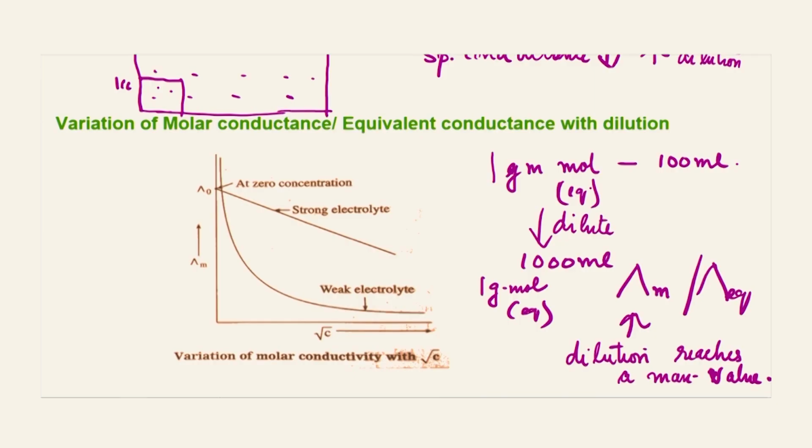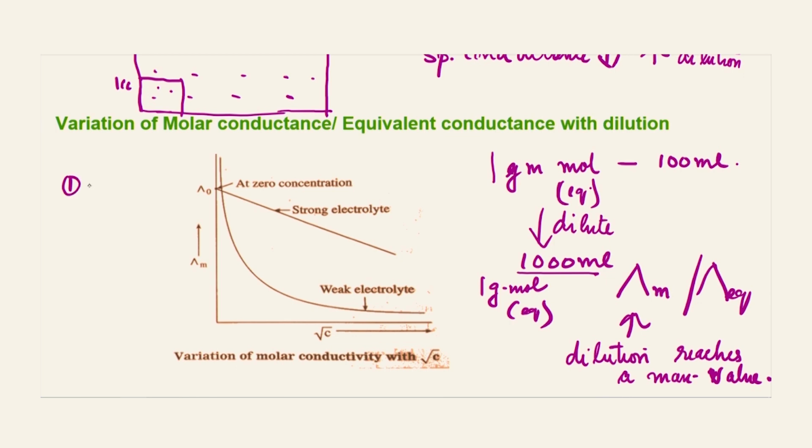We know that 1 gram mole of an electrolyte was first occupying a volume of 100 ml. So, you can see that all the ions are closer together. Now, when it is occupying a volume of 1000 ml, the ions will be moving apart, and they will be occupying more volume.